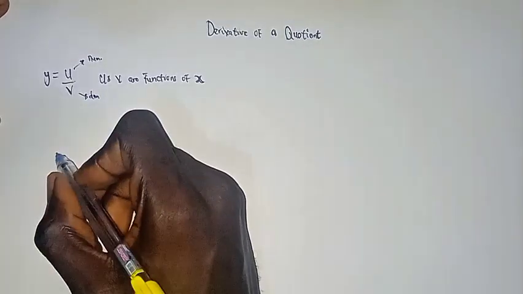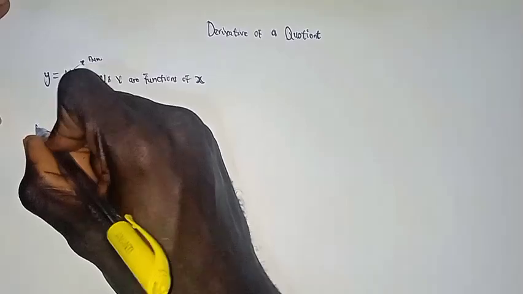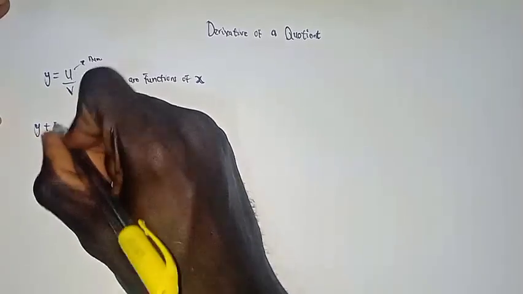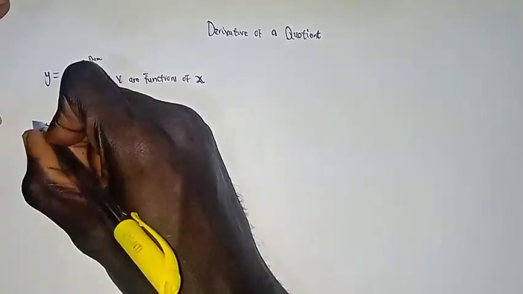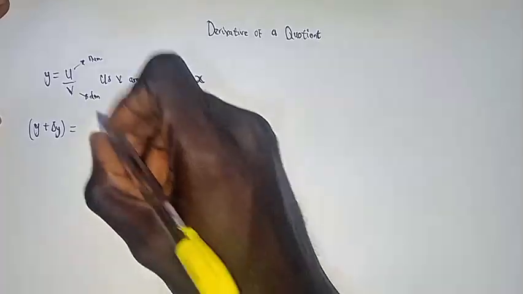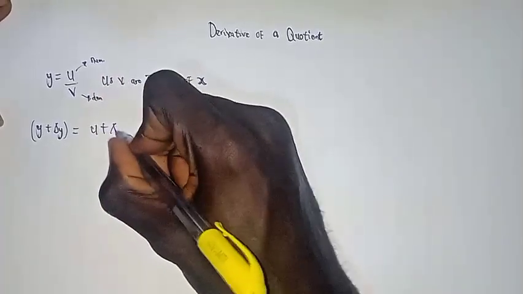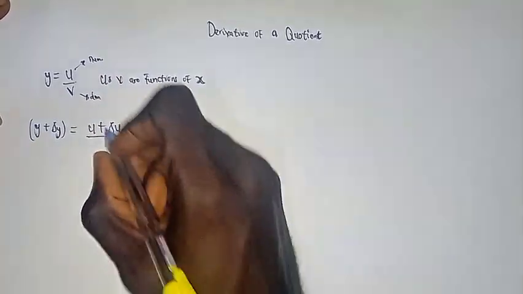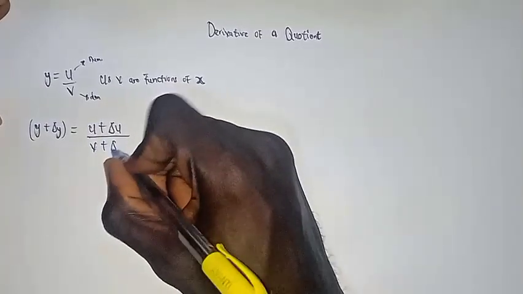So using first principle approach, we have that y will be equal to y plus delta y, and then u will be u plus delta u, v will be v plus delta v.